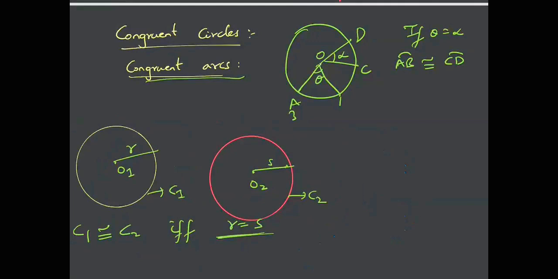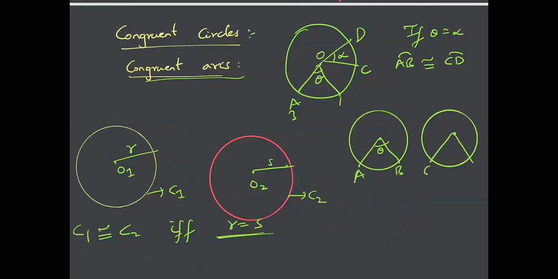That is, if there are two circles, this is one circle and this is another circle. These are congruent circles. If there is an arc AB which subtends an angle theta, and another arc CD which also subtends an angle theta, and the radii of these two circles are equal, then still I can write that arc AB is congruent to arc CD.